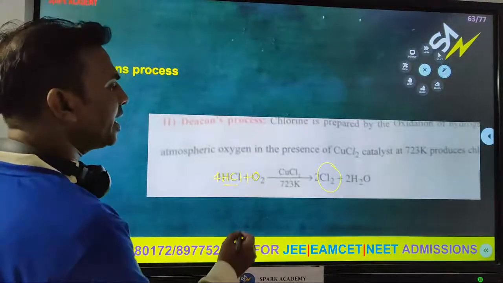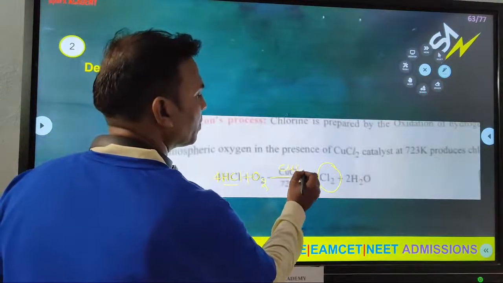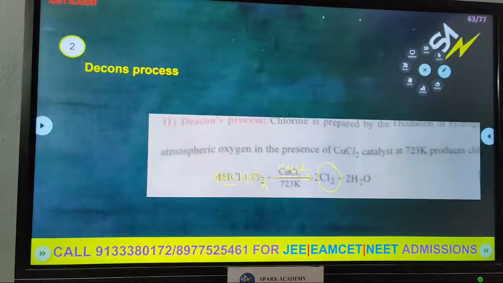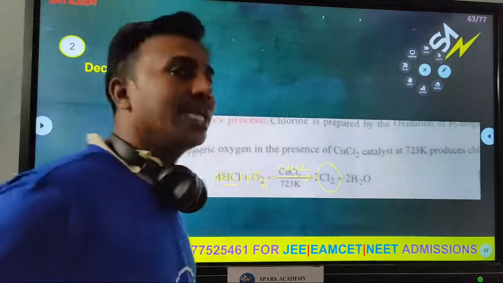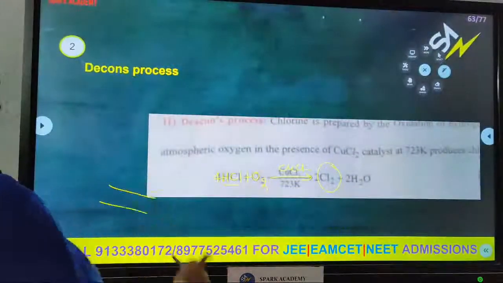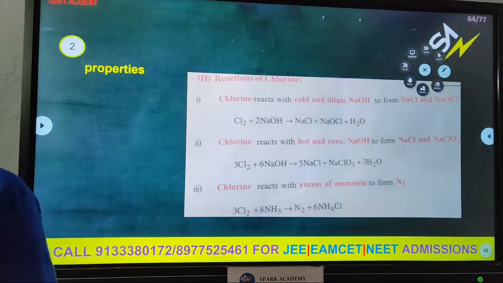It gives chlorine and water. It is Deacon's process. How to remember it is Deacon's process? Here copper chloride is the catalyst. So we have to remember easily that Deacon's process is in the presence of copper chloride.